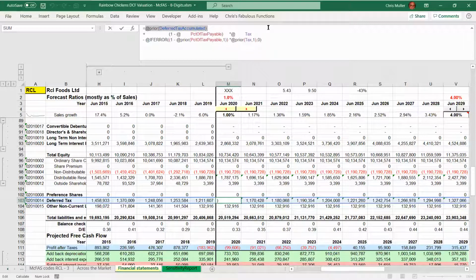Deferred tax, take last year's value, our opening value, and we want to add to it the percent of tax payable is what we paid out, but 1 minus the percent of tax payable will be the percent of tax accumulated and not paid out. We multiply that percentage by our tax, and that's how our deferred tax accumulated grows.